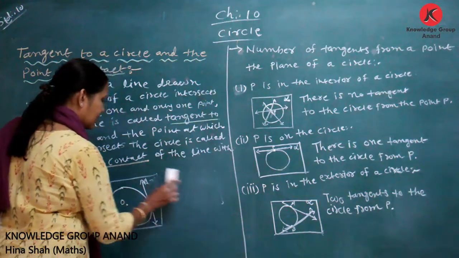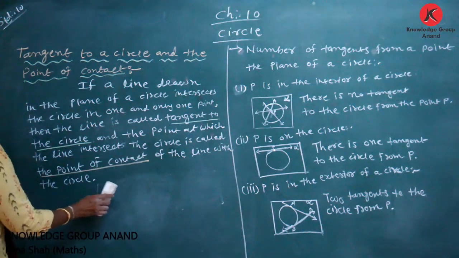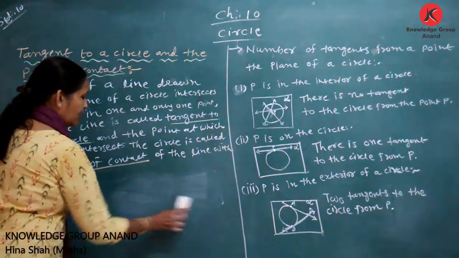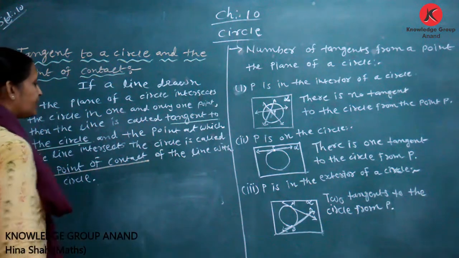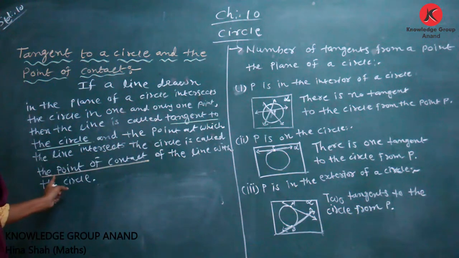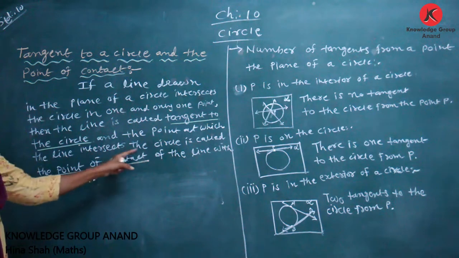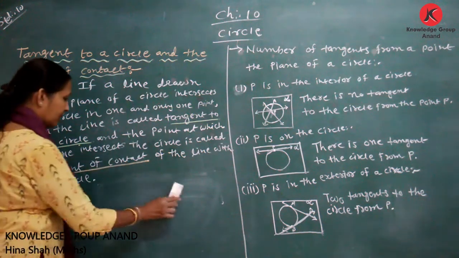A line in the plane of a circle that intersects the circle in one and only one point is called a tangent to the circle.